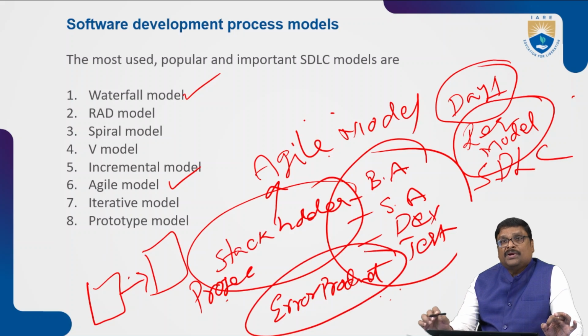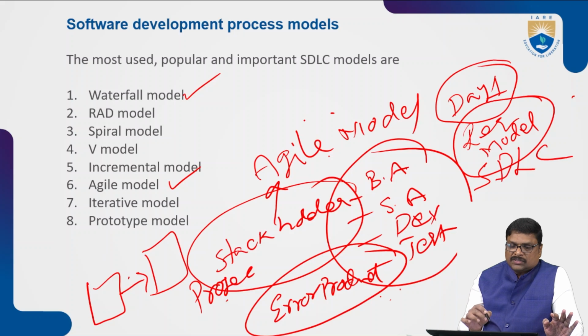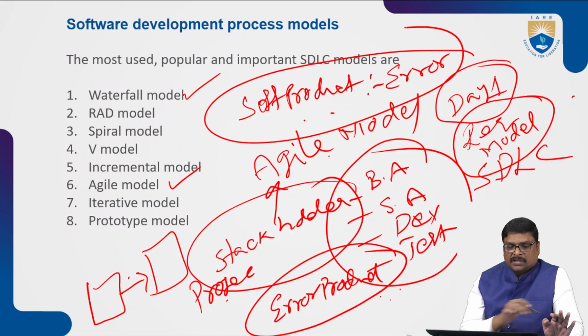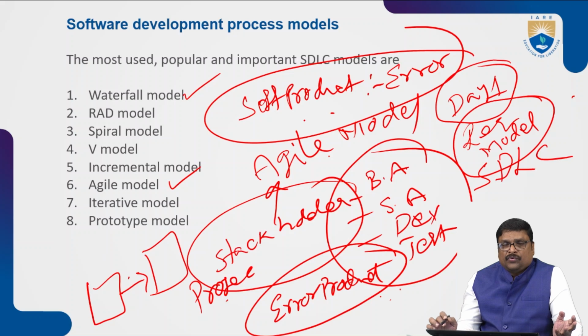Whether you use a waterfall model, a RAD model, a spiral model, a V model, or incremental, Agile, iterative or prototype model, our ultimate goal is that the software product which the stakeholders are developing should be an error-free product. That's the reason we may pick any process model.